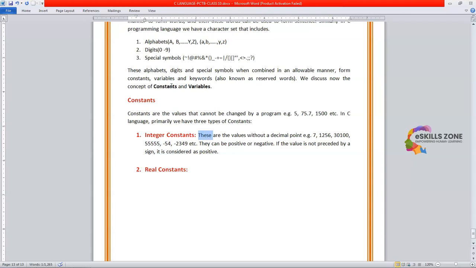And these are the values including a decimal point.